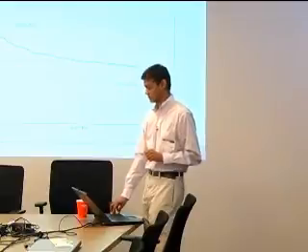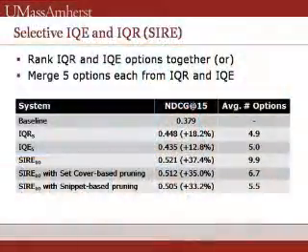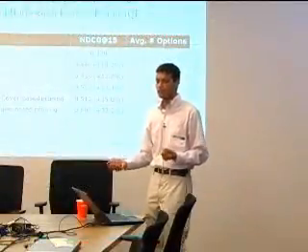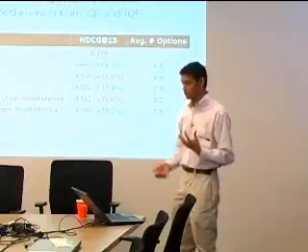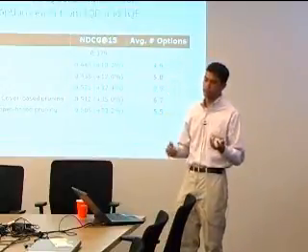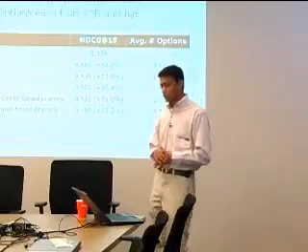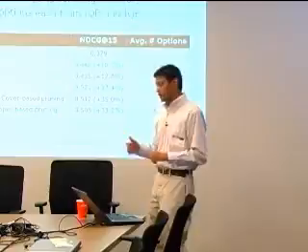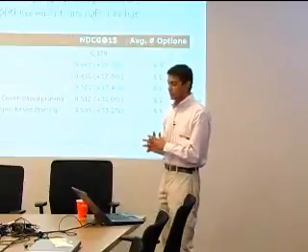So how do we do this? There are 2 ways in which we can do this. The first is, since we are using the same ranking technique for both sets of candidates, the ones for query reduction and the ones for query expansion, we can rank them together. But unfortunately, this did not perform really well.